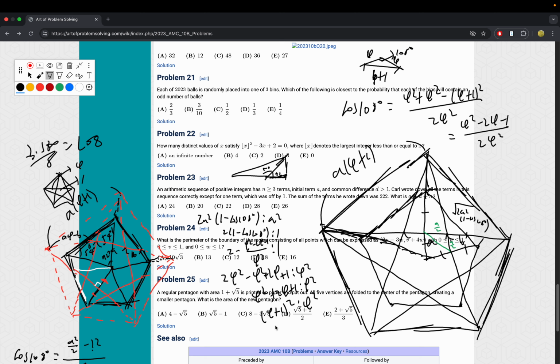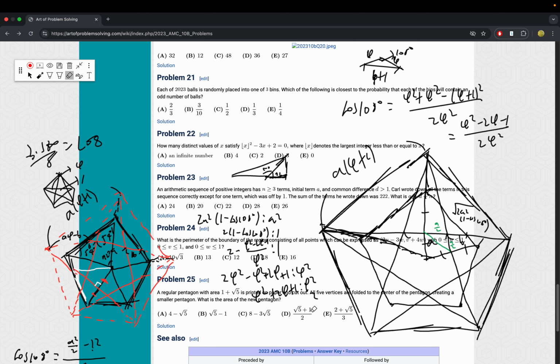Okay. So we just multiply on both sides, then we have... So our answer is simply this. And we just need to calculate this. Wait, what is golden ratio? I forgot. I think this is not right.